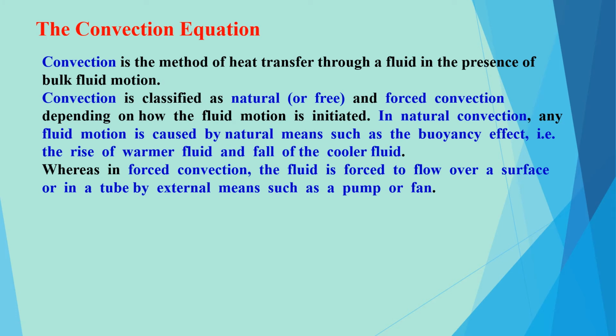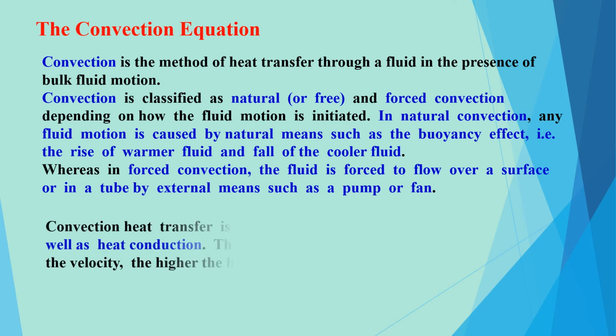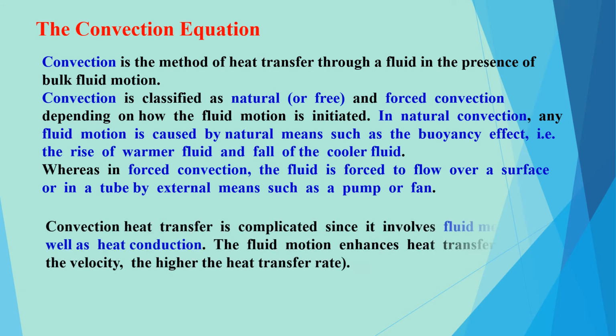Whereas in forced convection, the fluid is forced to flow over a surface or in a tube by external means, such as a pump or fan. Convection heat transfer is complicated since it involves fluid motion as well as heat conduction. The fluid motion enhances heat transfer. The higher the velocity, the higher the heat transfer rate.